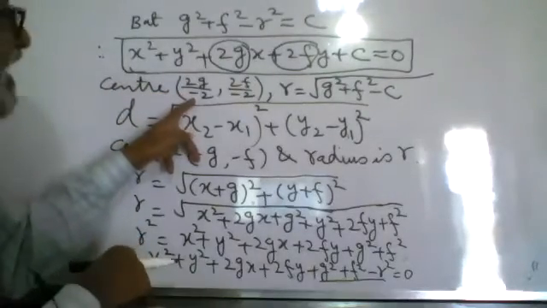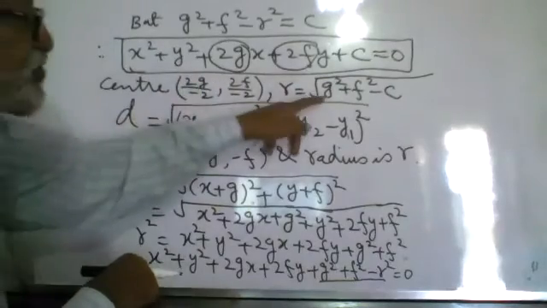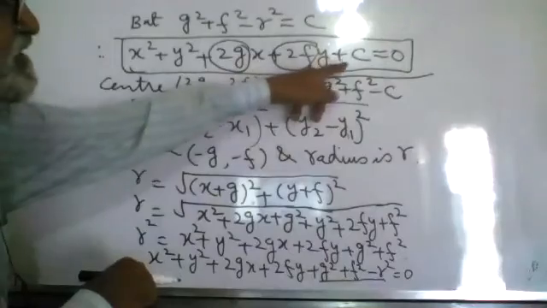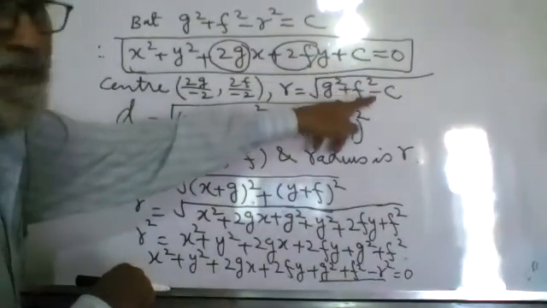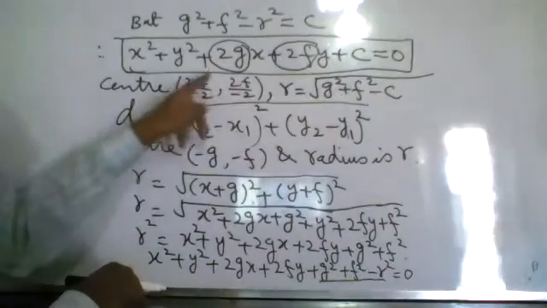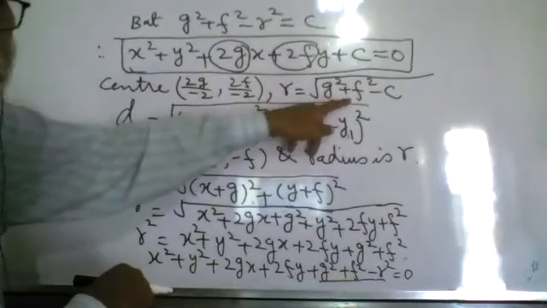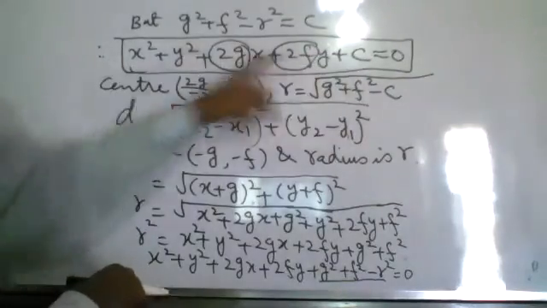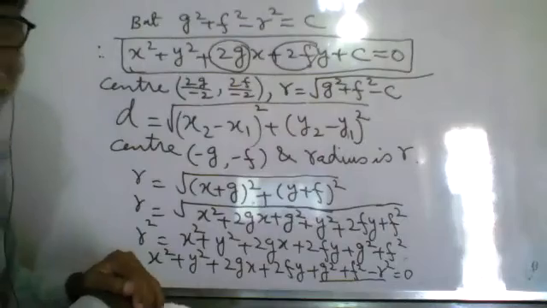Then we will find the radius: the x coordinate of the center whole square plus the y coordinate of the center whole square minus this constant number. This constant number will be subtracted from the sum of the square of this coordinate and the square of this coordinate. And we will subtract the constant number in the equation, and then we'll take the square root. That will be the radius.